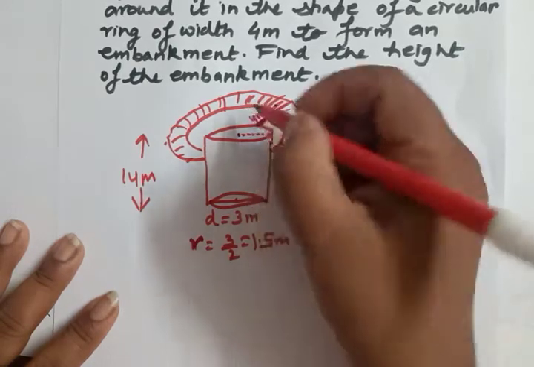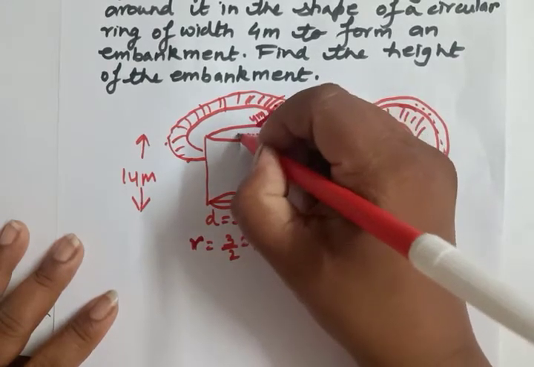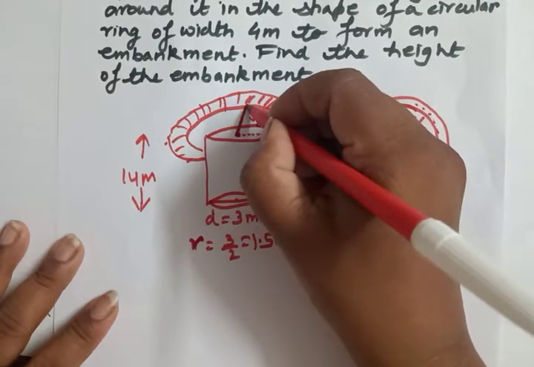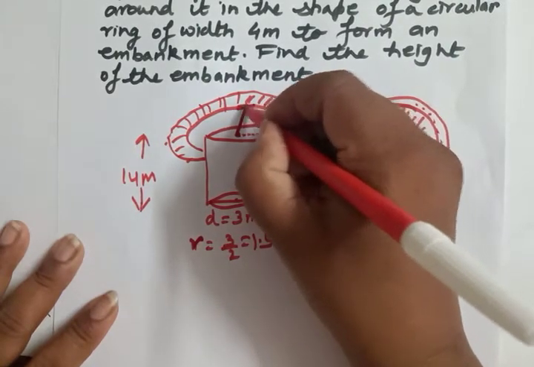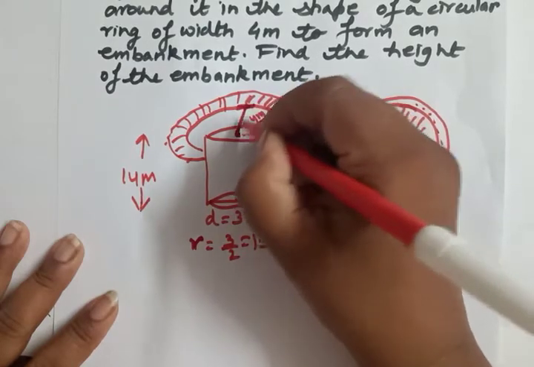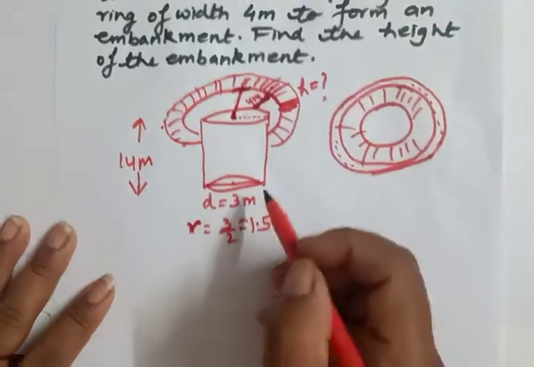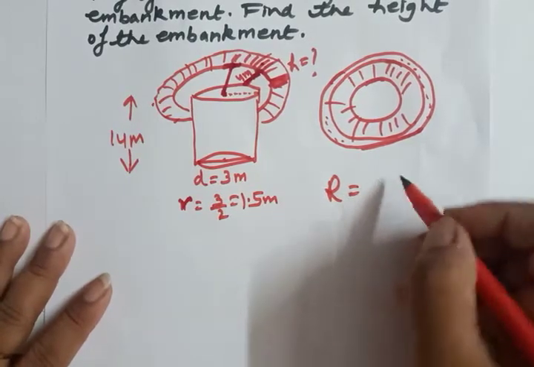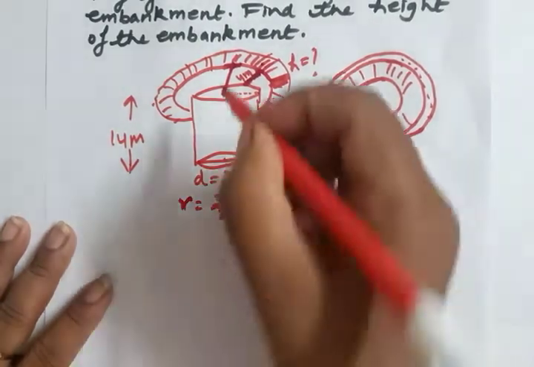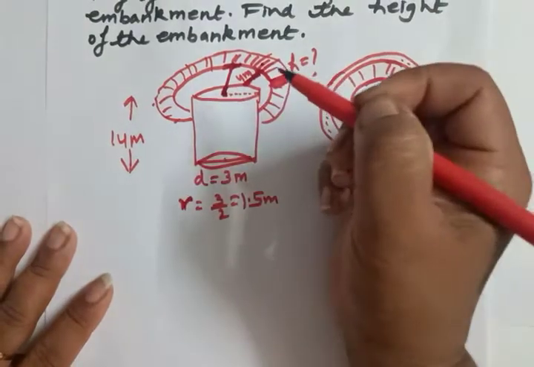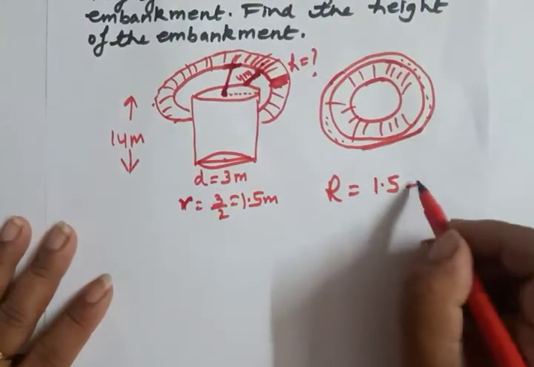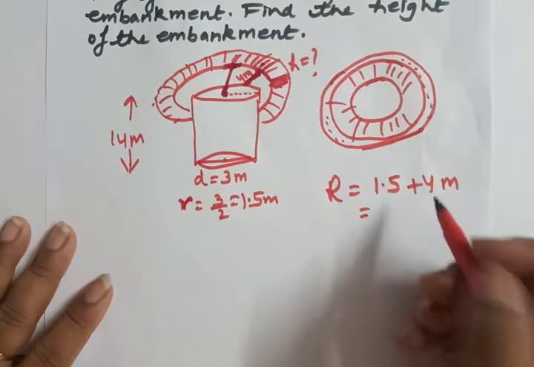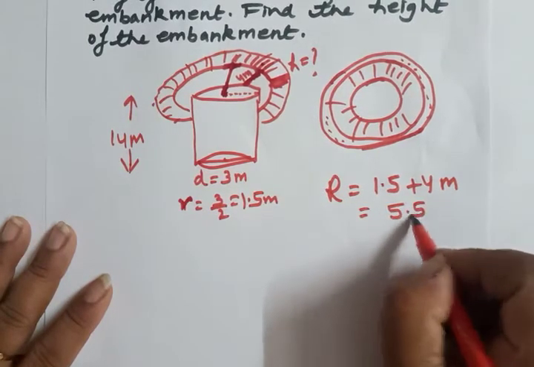Suppose I want to say this radius goes to the end of the embankment. जो उसका edge है वहाँ तक, we will assume it with capital R. The radius will be 1.5 plus 4 meters, that will be equal to 5.5 meter.